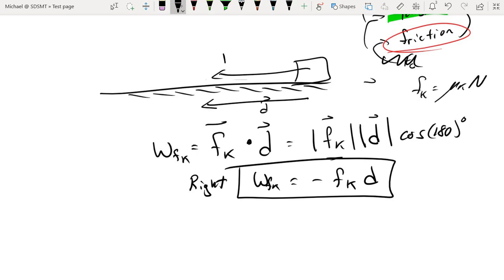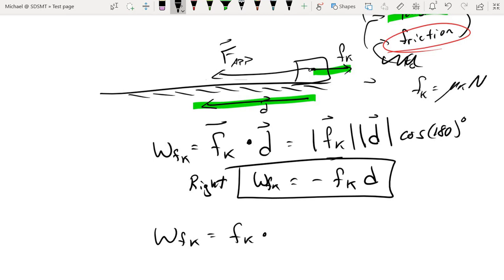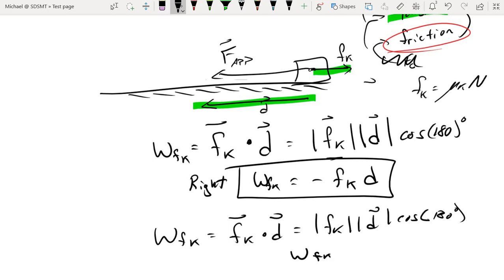Well, to do that, I'll apply my applied force, and we'll move the block to the left, but friction always opposes the direction of motion. And so we once again end up with work that is negative. Everything that we see here is going to be exactly the same as what we had moving this block to the right.